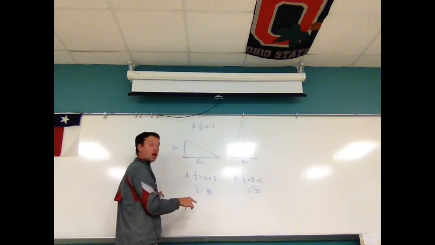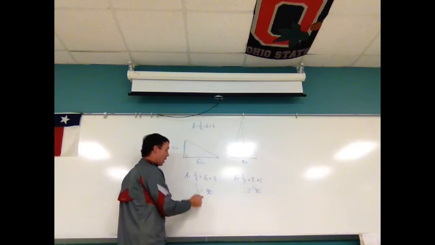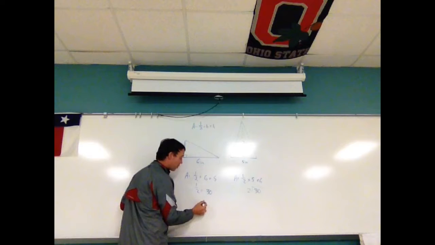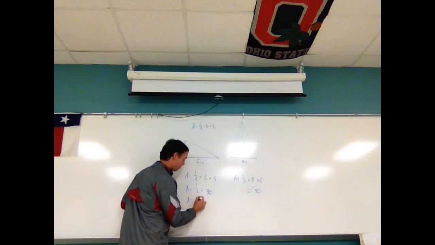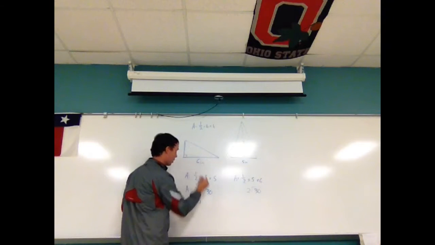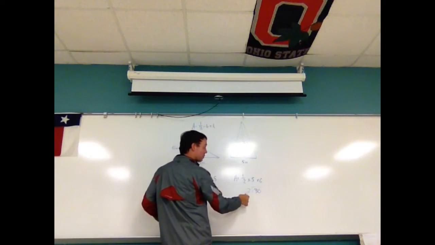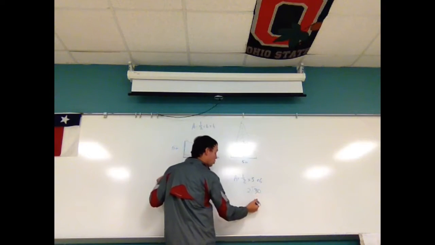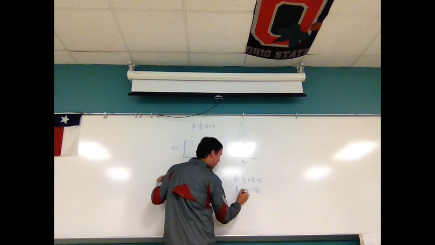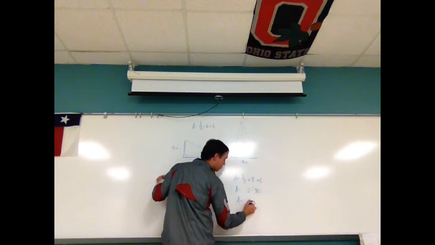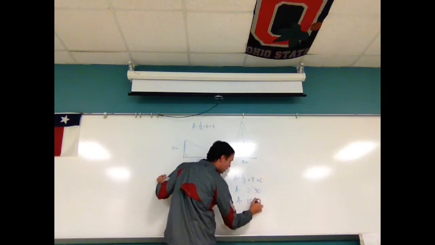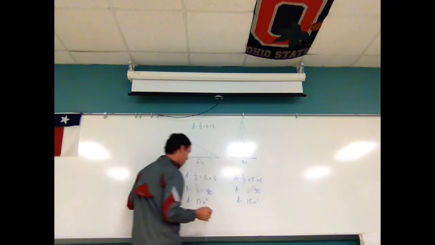So, if you decide you're going to multiply this by 1/2, half of 30 we know is going to be 15. So 15. Since we're dealing with inches, it's going to be inches squared. Over here, if we divide 2 into 30, it's also going to give us an answer of 15. So again, 15 inches squared is going to be my answer for this one.